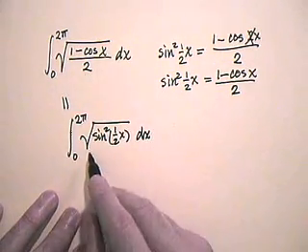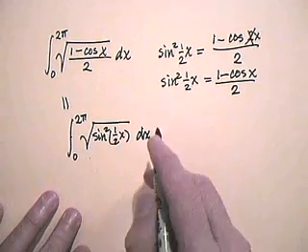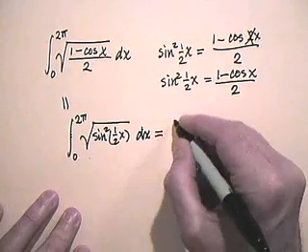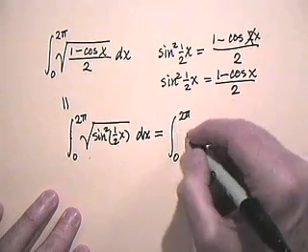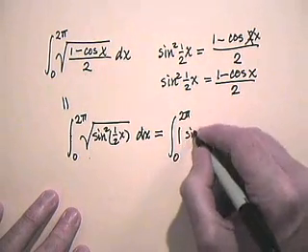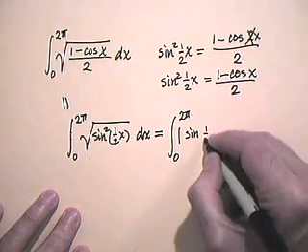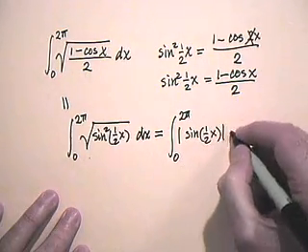Now, whenever you take the square root of a square, you are getting the absolute value. So we have the integral from 0 to 2 pi of the absolute value of sine of 1/2 x dx.